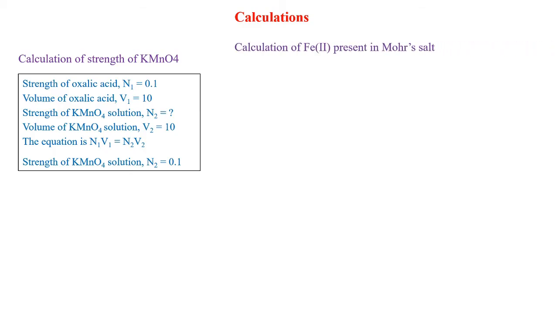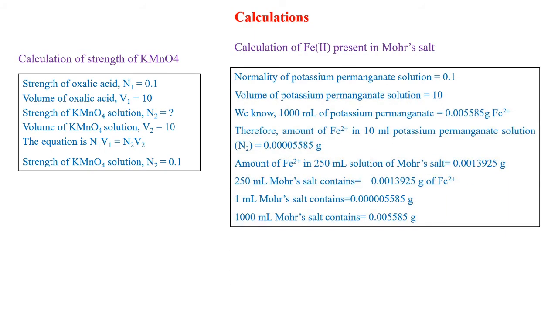In this next part we calculate the amount of iron present in Mohor salt. Now we found that the normality of potassium permanganate solution is 0.1. Now in the estimation of iron from end point, let the volume of potassium permanganate be 10 ml.